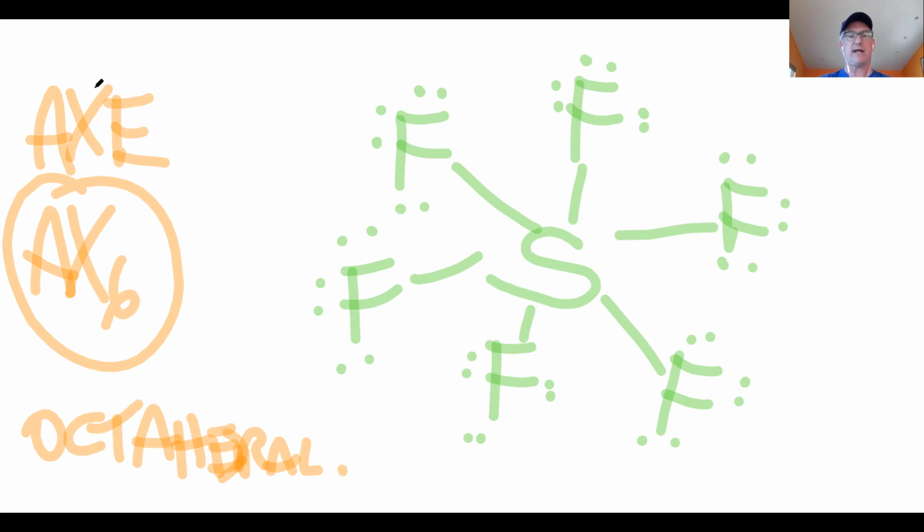If we were to look at what that would look like, octahedral. Now again, I am one of the worst artists ever. All my art school friends made fun of me as an undergraduate. I couldn't draw a stick figure. But here we go. I've got my sulfur in the middle, and 4 atoms around the middle. 1, 2, 3, 4.